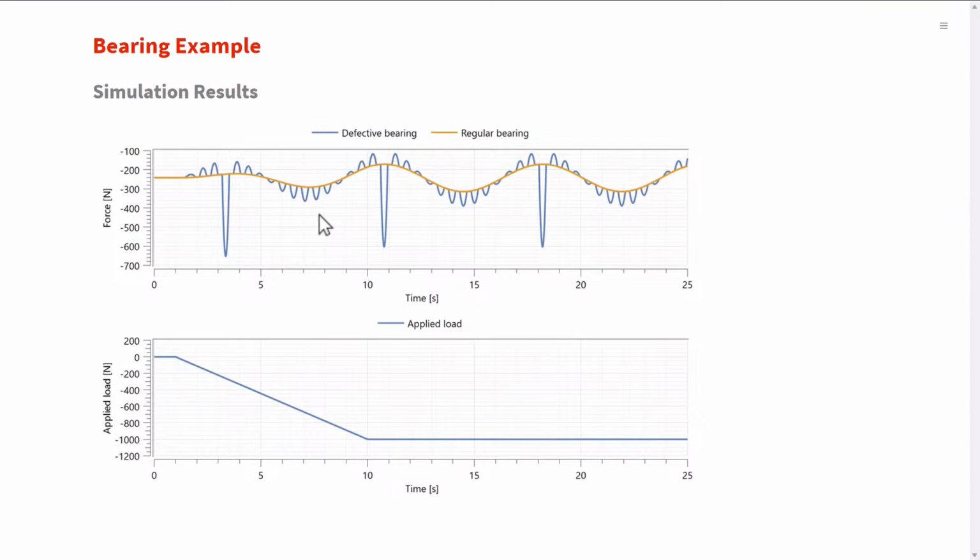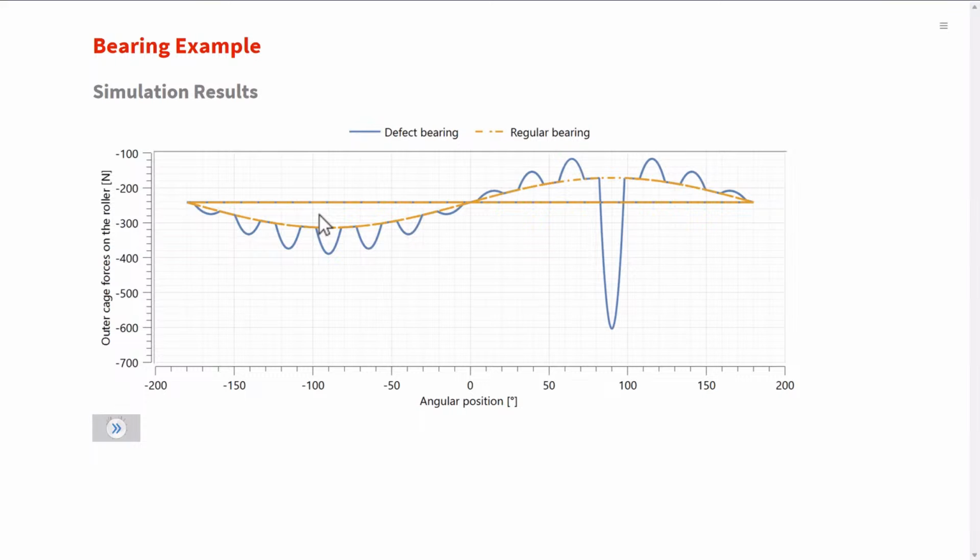Let's take a closer look at the bearing forces. In this plot, we are looking at a stark visualization of bearing roller forces applied by the outer cage over the full 360 degree angular range, from minus 180 to plus 180 degrees.